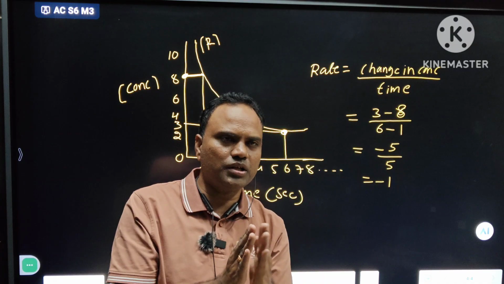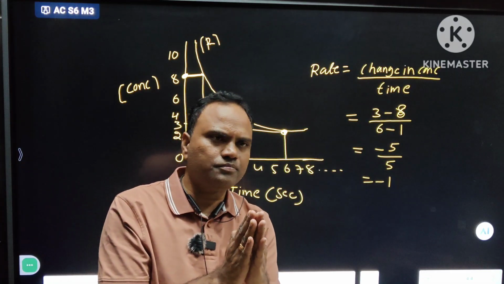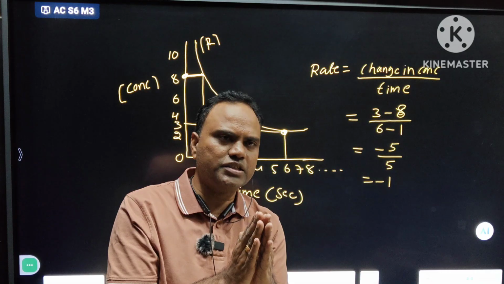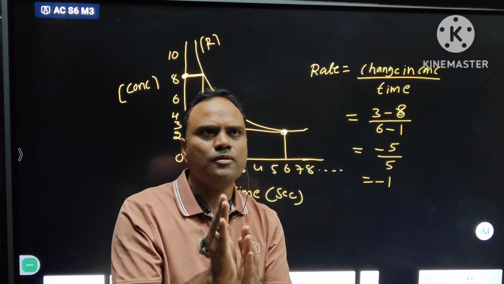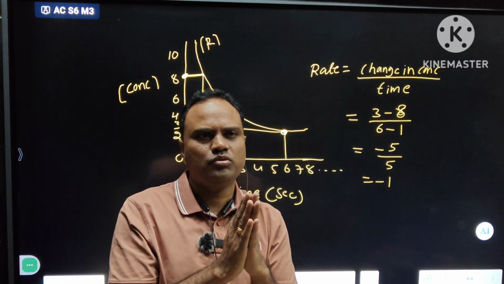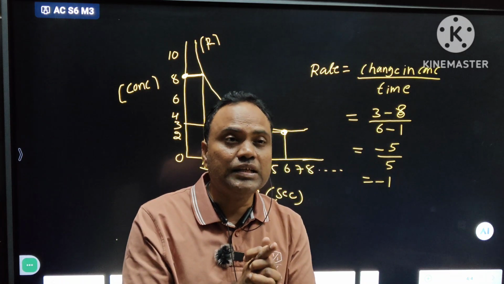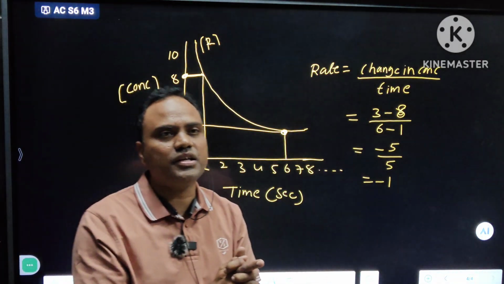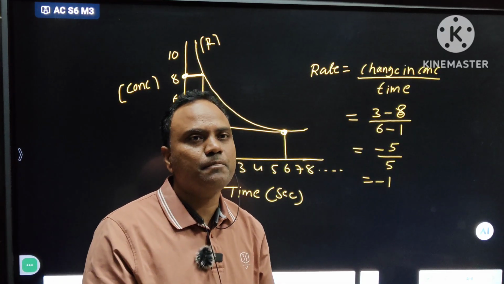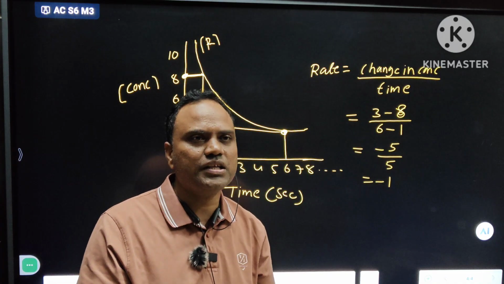If I calculate the rate between 2 times with a very negligible difference, like 1 and 1.5, only a 0.5 gap, that rate is called the instantaneous rate.